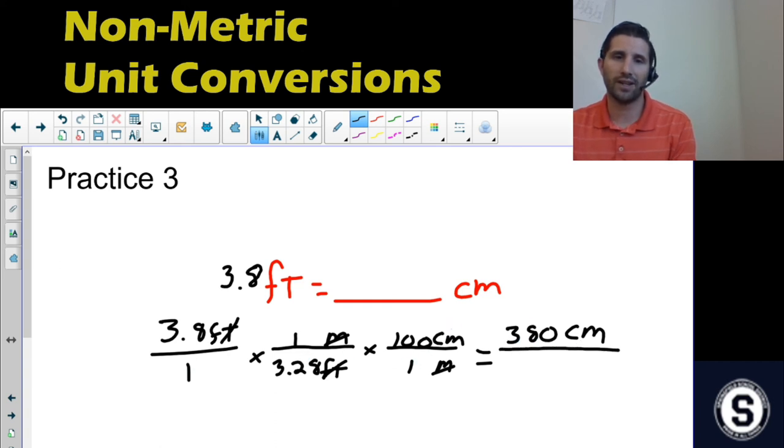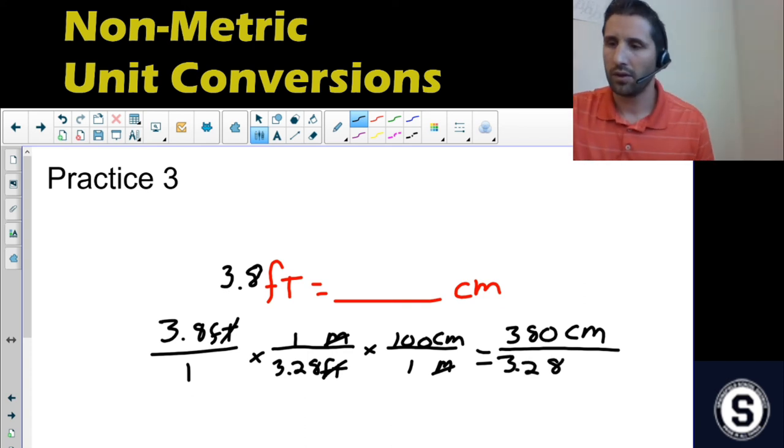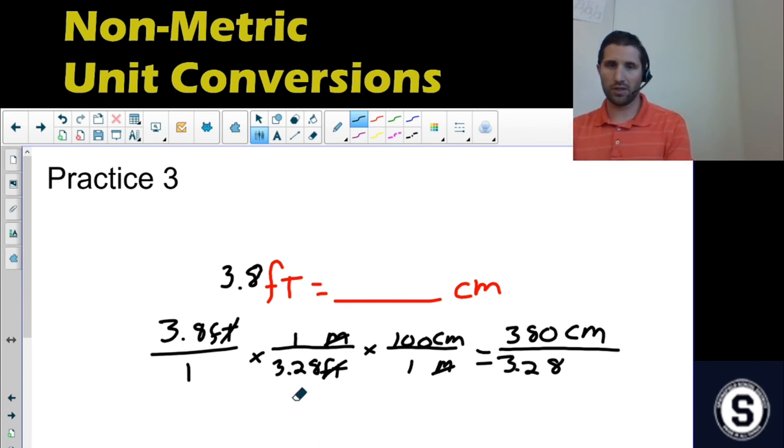So I have to divide this by 3.28. So 380 divided by 3.28, and that gives me 115.9 centimeters.